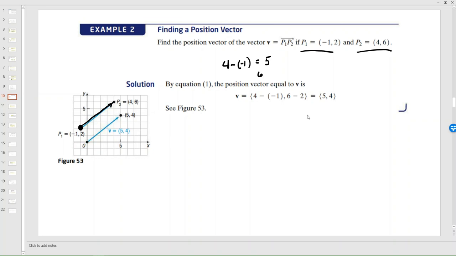Point 2's y is 6, and we're going to subtract point 1's y of 2, and that gives us the position vector y value of 4. Okay, so what we've just created is the algebraic form for v, so we can write it now as 5, 4. And then the identical vector starts at the origin, has the same distance, and it has the same direction. So it's the same vector.